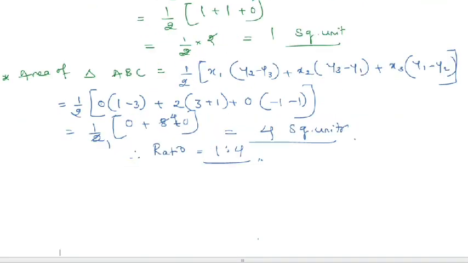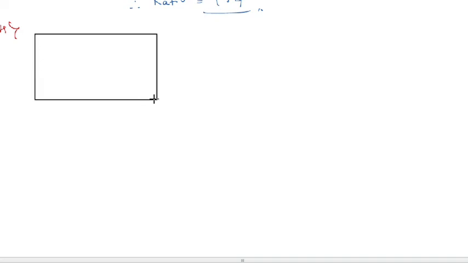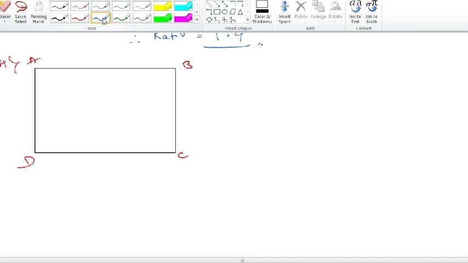Now problem number 4. Fourth problem here. Find the area of the quadrilateral whose vertices are taken in order. Area of quadrilateral is asked here. See, it is the quadrilateral, so say it is A, B, C, D. Here vertices are given.